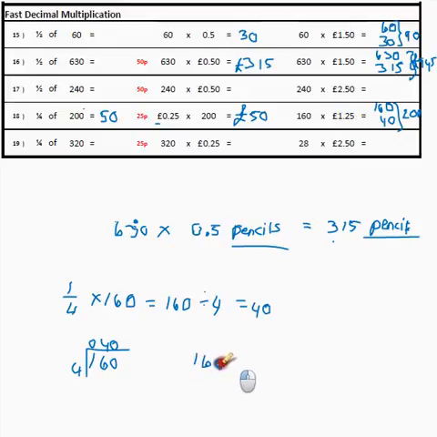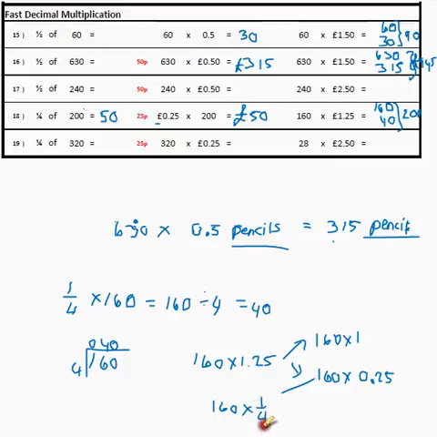So 160 times 1.25, you split it up in 160 times 1 and 160 times 0.25. And a quick way to do that sum is to say 160 times a quarter. Okay?